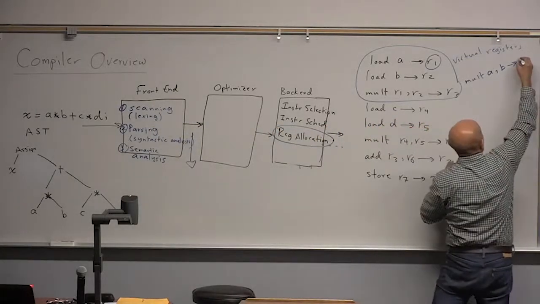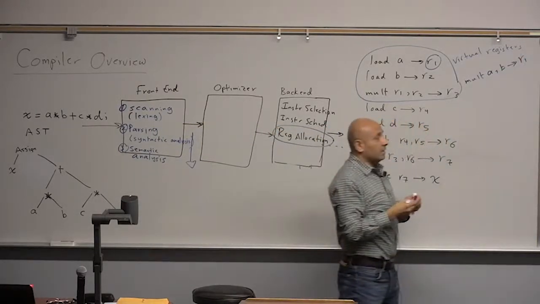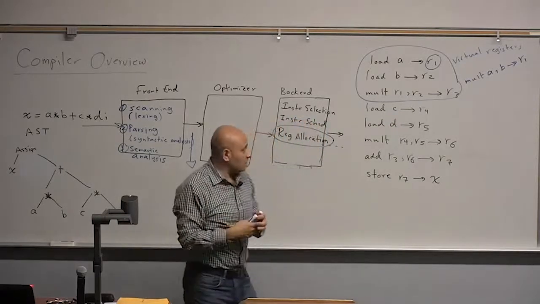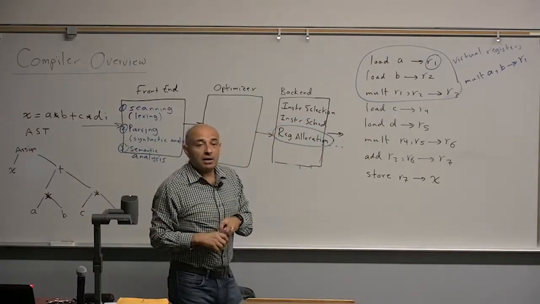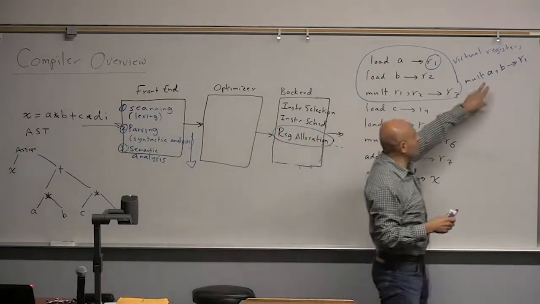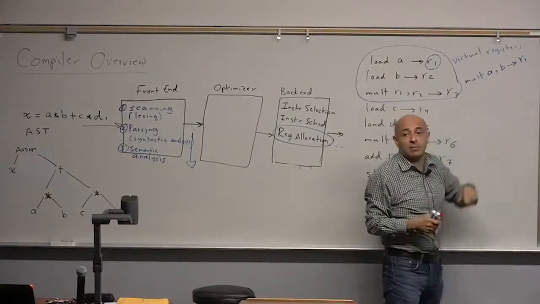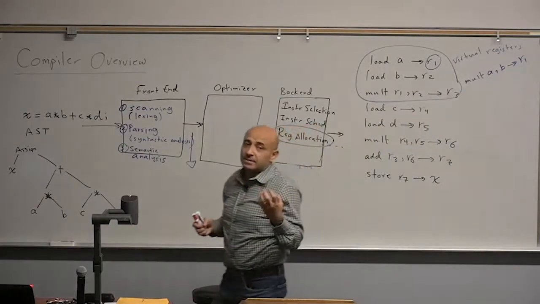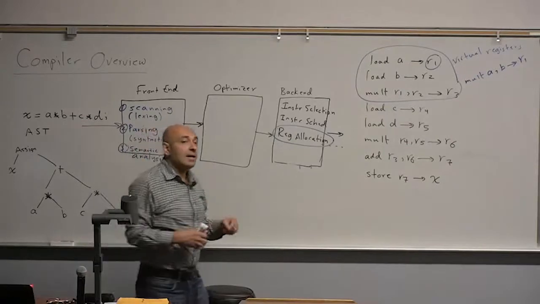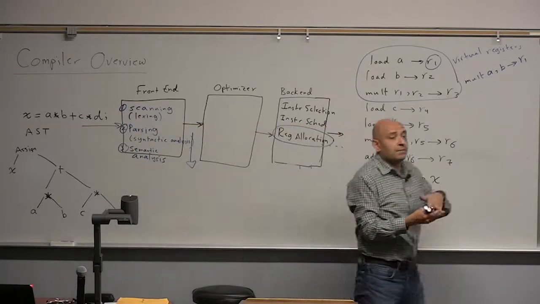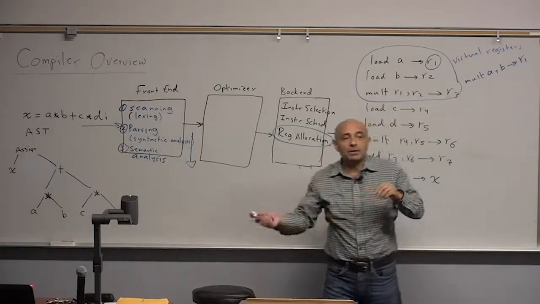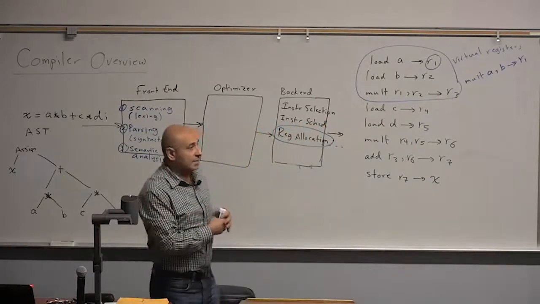And maybe put this in R1. In fact, the machine may have an arithmetic operation that takes 2 memory operands and puts the result in a memory operand. And that's a CISC instruction, a complex instruction that in the machine itself consists of multiple RISC simple instructions.